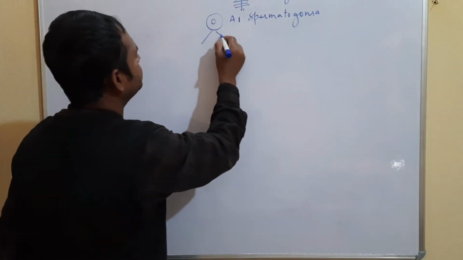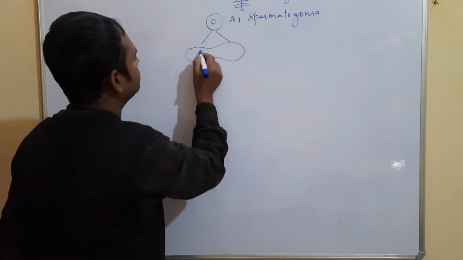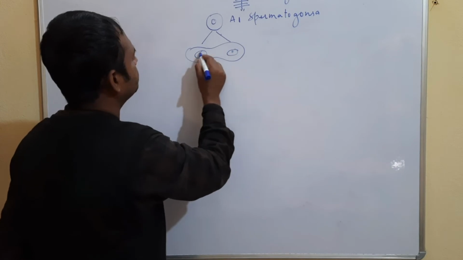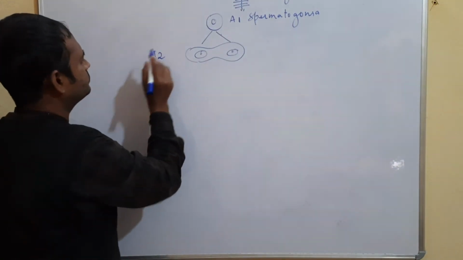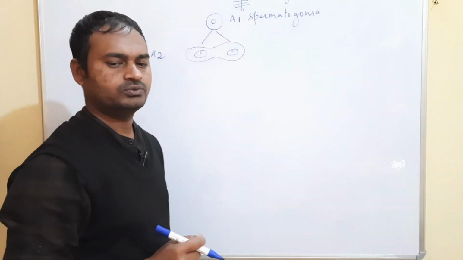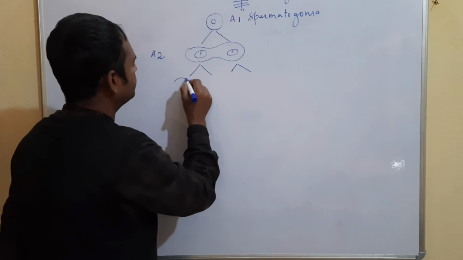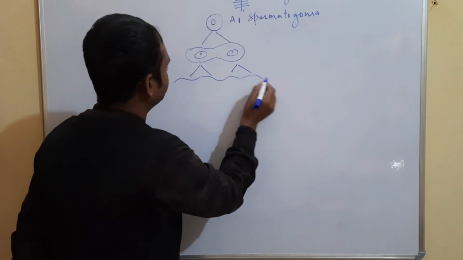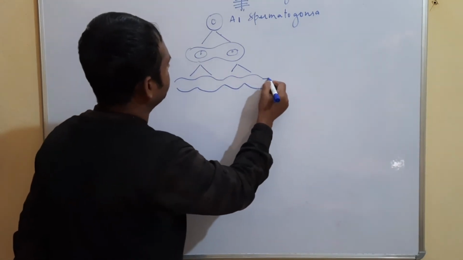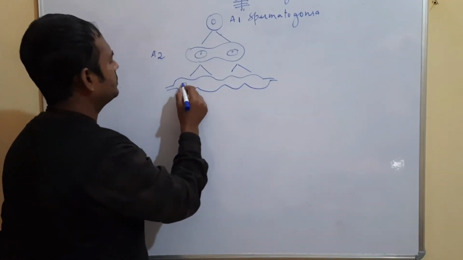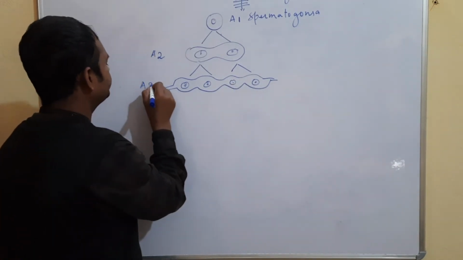Now after its division, this is the A2. Now this is the A3.